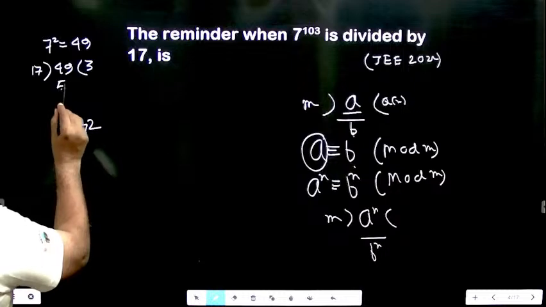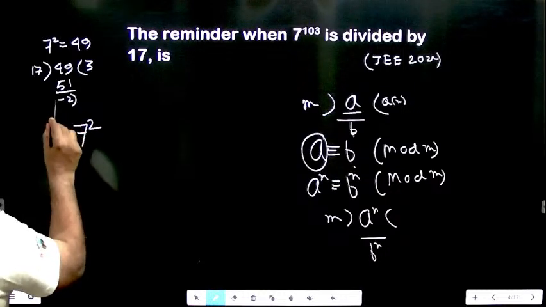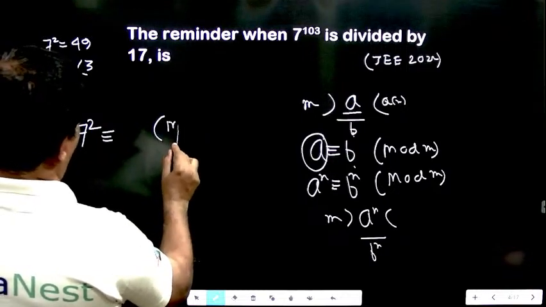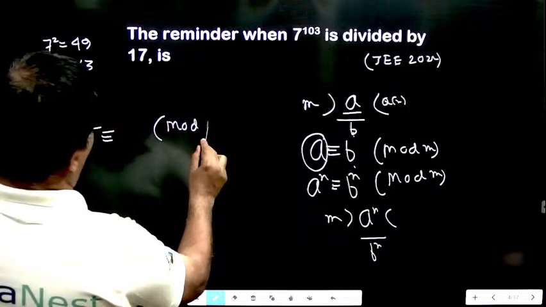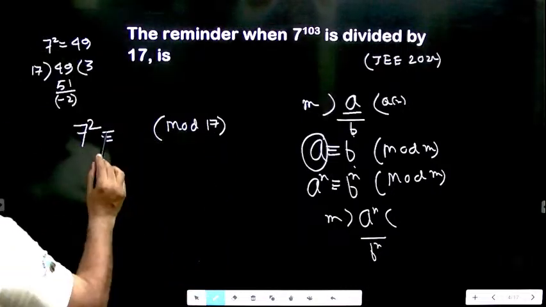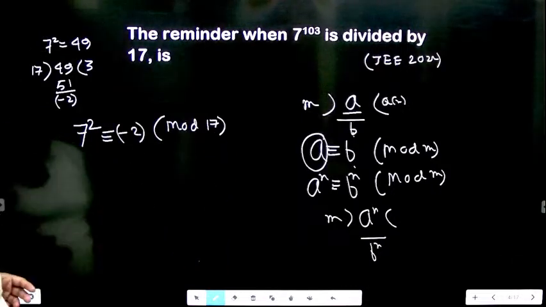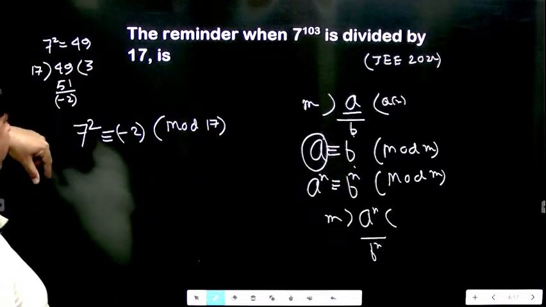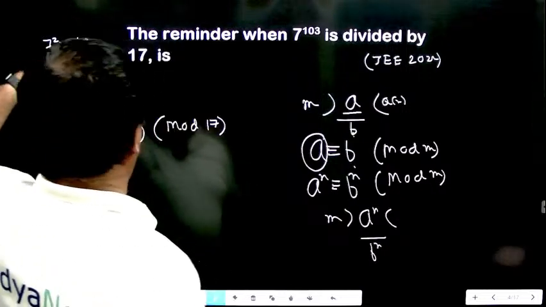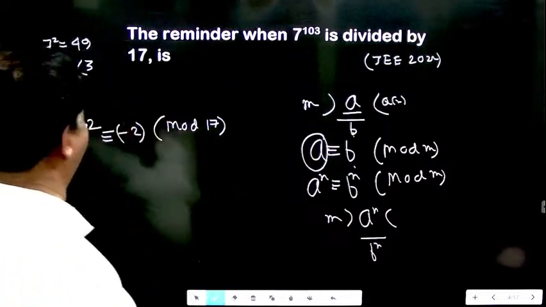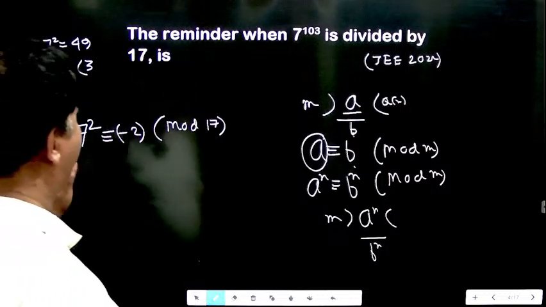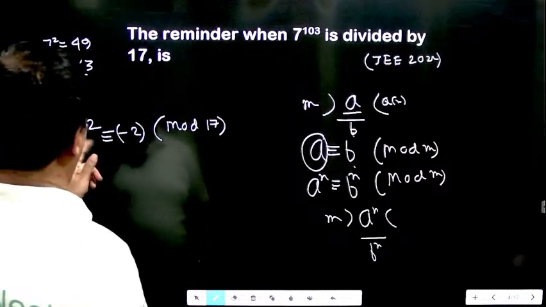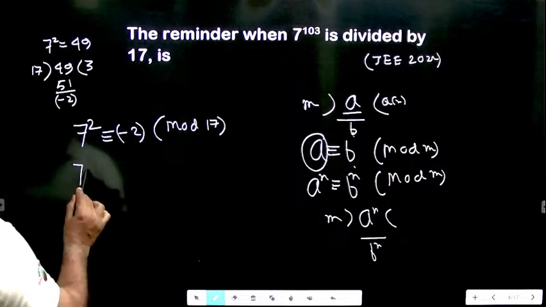17 times 3 is 51, remainder is -2. So 7 square divided by 17 means modulo 17, remainder is -2. Now what value will help you reach 103? That is the big issue. First of all, you take power 50 on both sides.